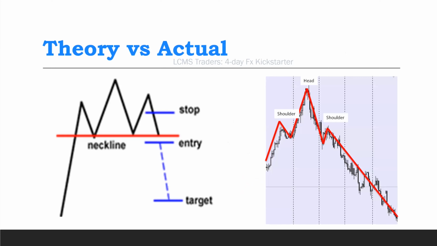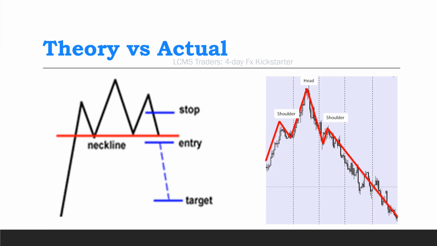Again, in theory, a head and shoulder pattern looks like it's quite straightforward. You've got a horizontal line, the neckline, it bounces off the neckline twice, it breaks through on the third time, you enter when it breaks the neckline, you put your stop loss above, you take profit below. But in reality, if you look at a head and shoulder pattern, necklines are not always horizontal.